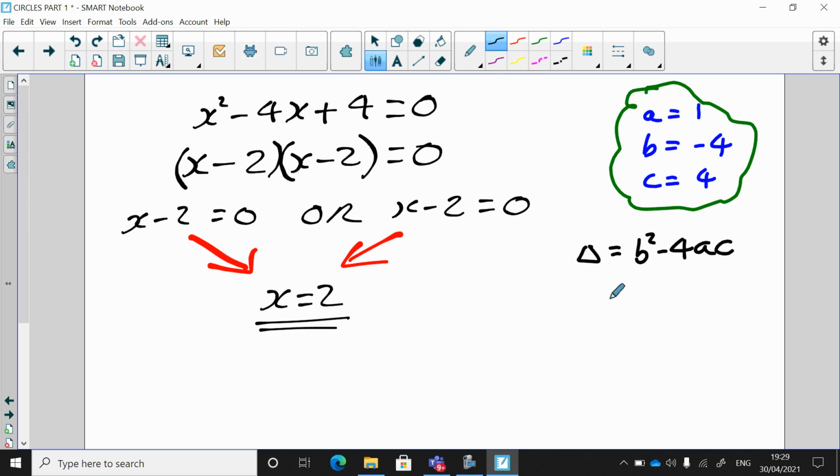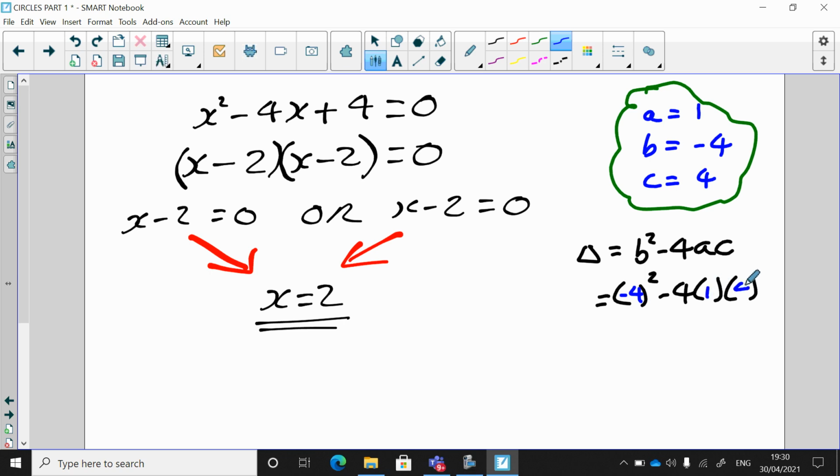For one point of contact, we need a 0 answer here. So what's b? Negative 4. What's a? That's 1.